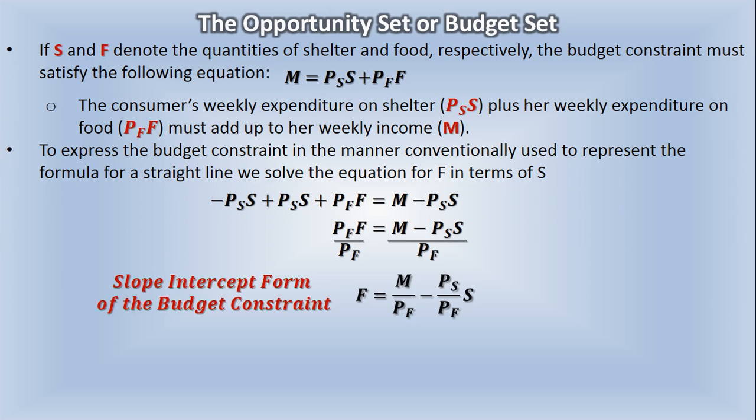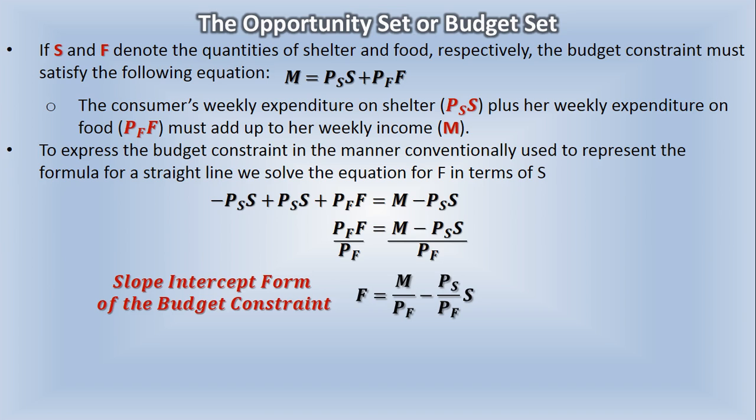And then we had food on the y-axis, so we can use this to get to a slope-intercept form for the line, which also has a lot of the information we had just derived from looking at it graphically. So the most that the individual can buy of food, if she only bought food, is the y-intercept for the line, which is the budget constraint.